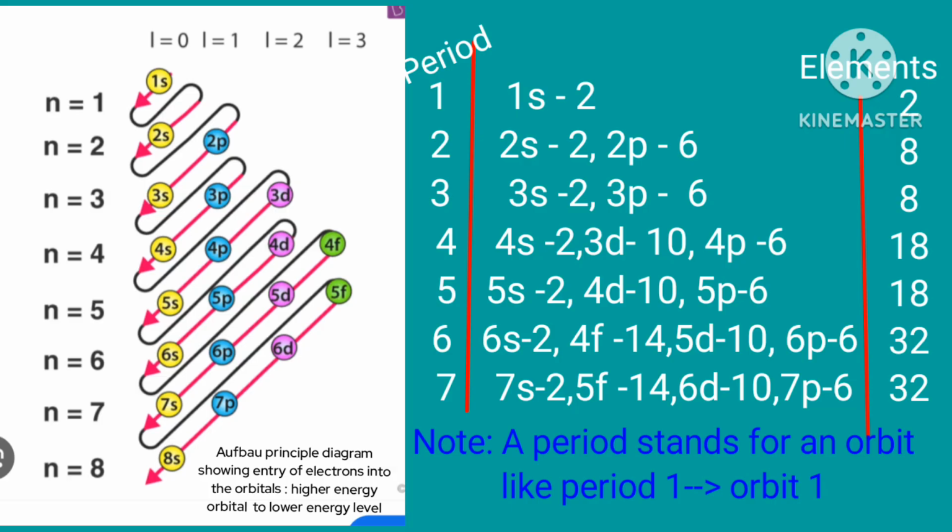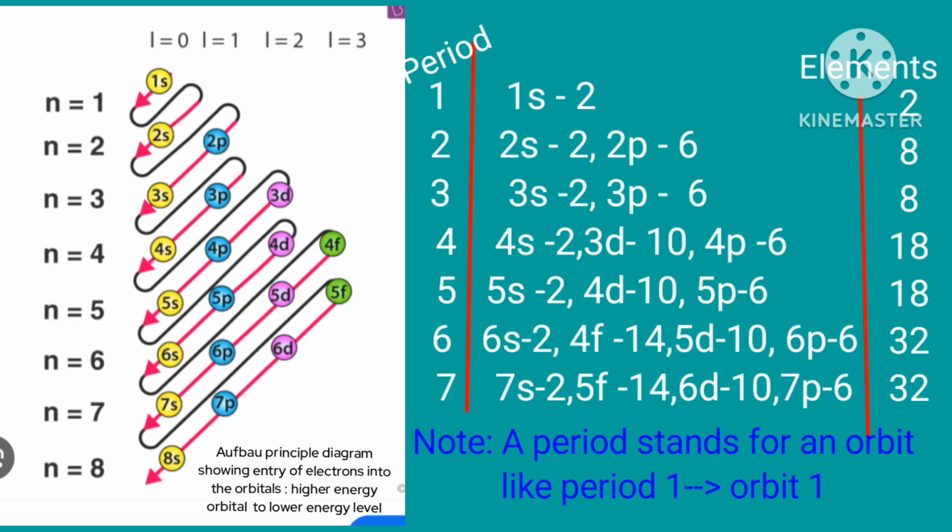And in fourth orbit, listen carefully, watch carefully, 4s to 3d10 and 4p6. There will be 18 electrons entering and 18 elements. Coming to fifth orbit, that is fifth period, fifth orbit has 5s, 2 electrons enter there, and then you have 4d, that is d has 5 orbitals and each orbital has space for 2 electrons.